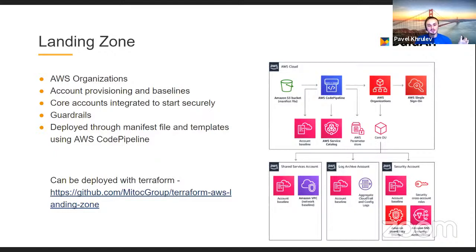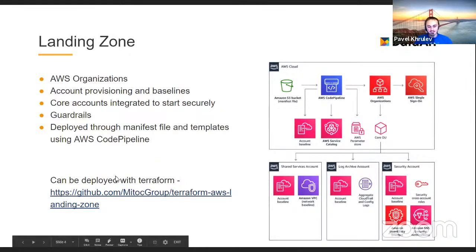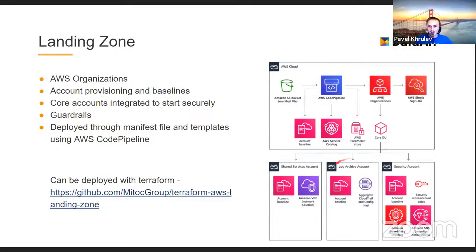Also, landing zone provides a starting structure of your organization, and it creates several accounts. For example, we can see it creates a shared services account where we can share our services. For example, we can share our VPC there and share it with other accounts.